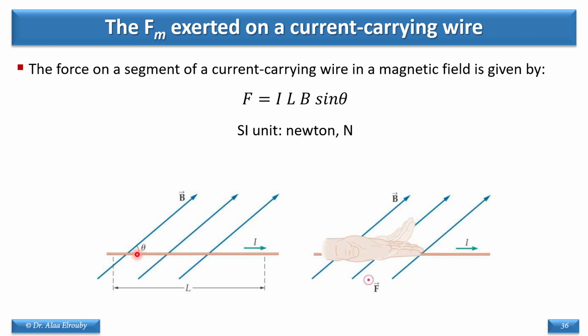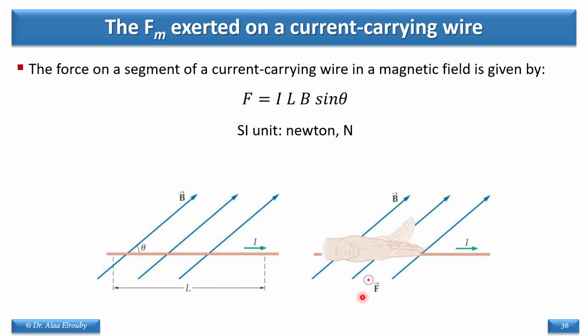So current flowing in this direction is equivalent to positive charge moving in that direction. So this is the direction of V, and this is the direction of B. So the force will follow the V cross B direction. So the force will be in the direction, in this case, out of the screen.